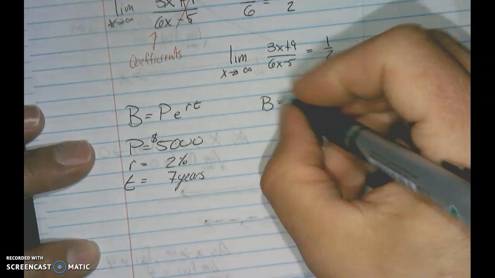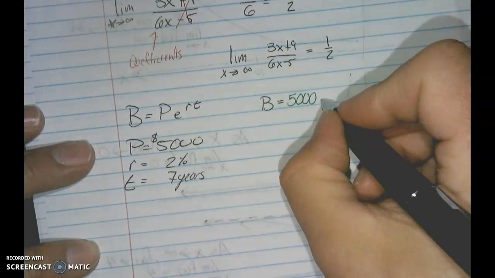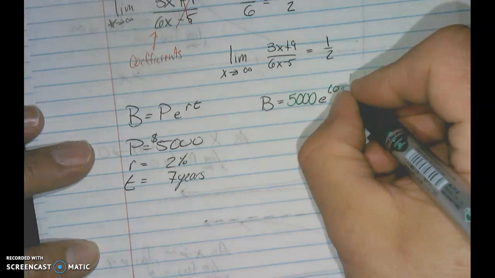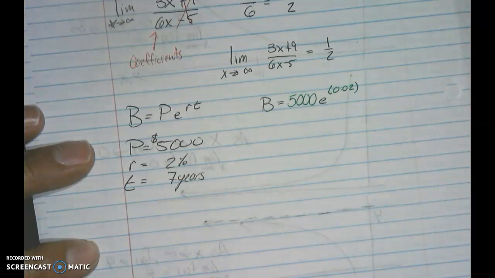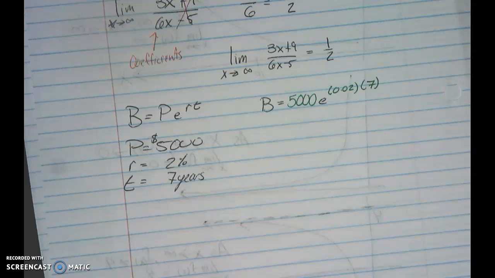My principal is 5,000. We're doing exponential growth. My rate, I need to make sure that it is a decimal, and that my time is always in years again.